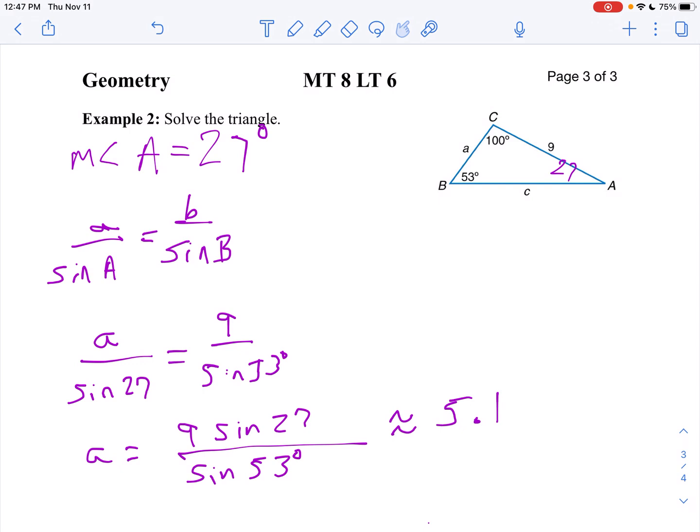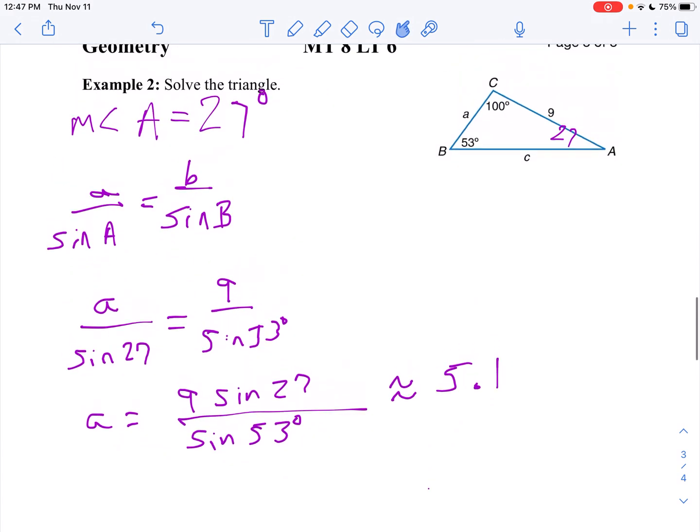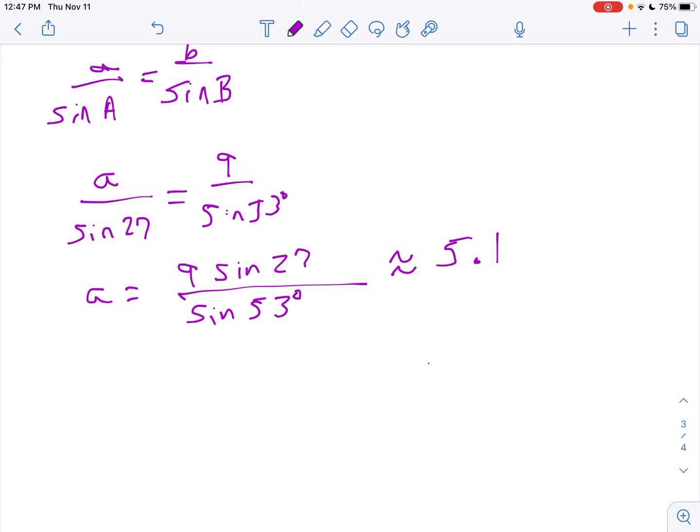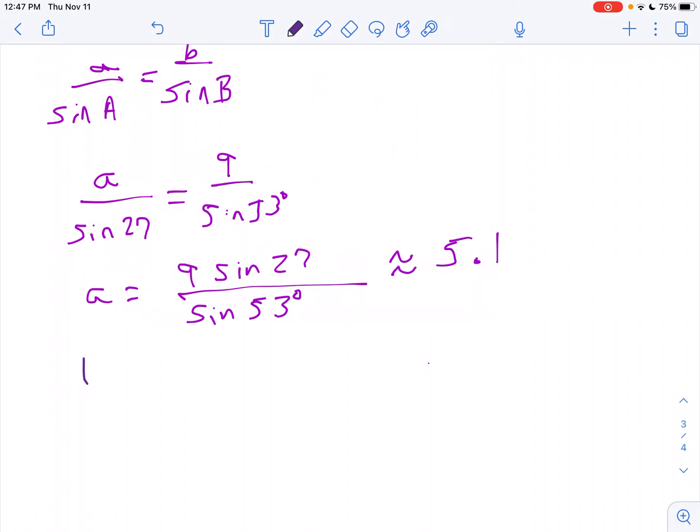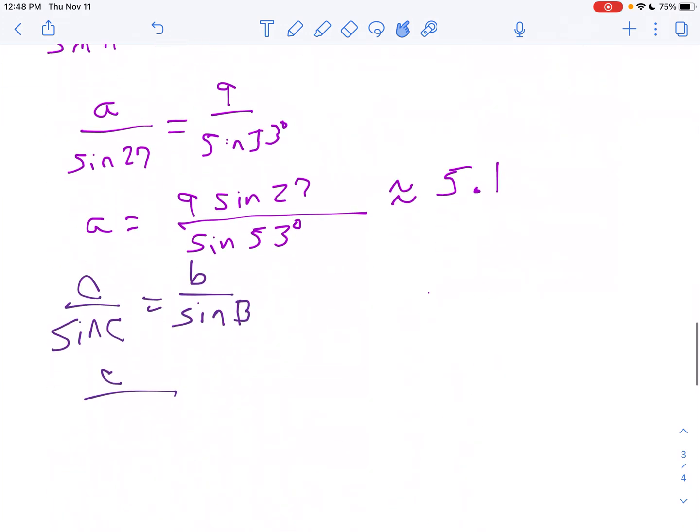We'll do the same thing to solve for side C. I'm going to say C over the sine of angle C. I could use A or I could use B. I'm going to use B because I don't like to use decimals. Over the sine of angle B. So angle C is 100 degrees, and side B is 9 divided by the sine of 53.